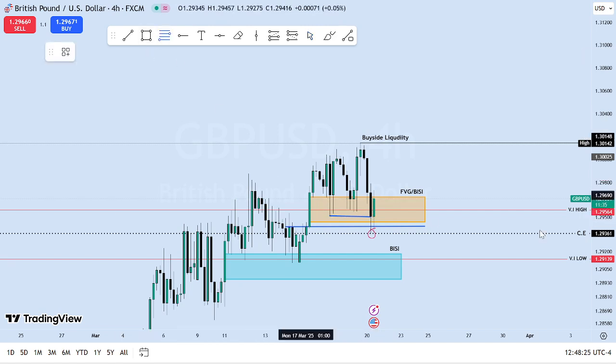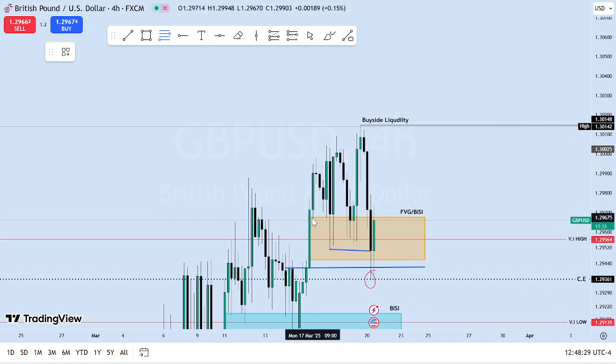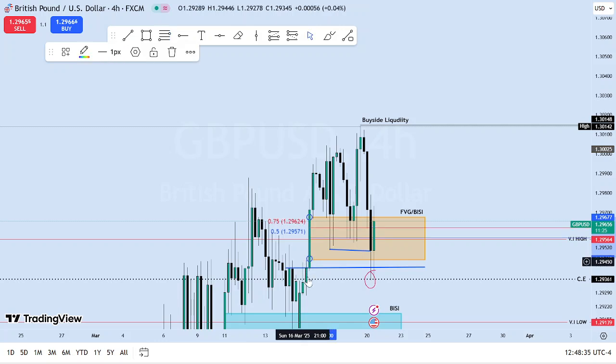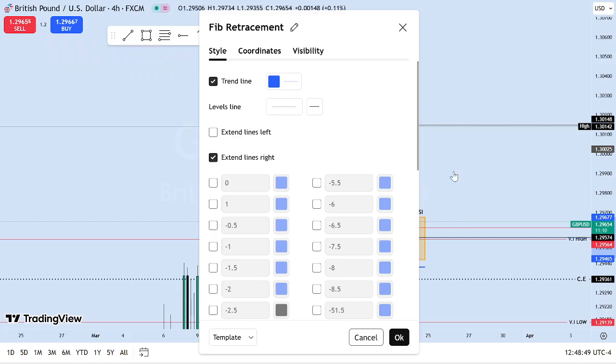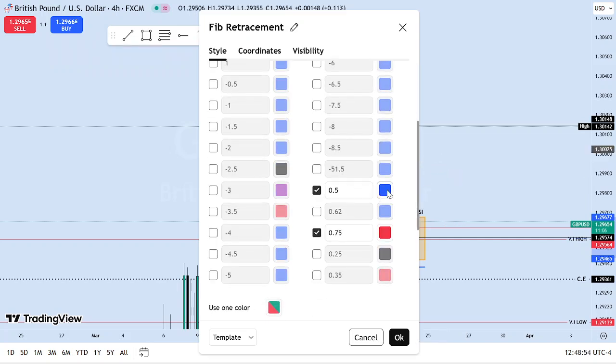To get the 50% of it, that's the consequent encroachment, you anchor from the low of this week to the high of this bullish candle. The blue line there, that's our 50% Fibonacci level.